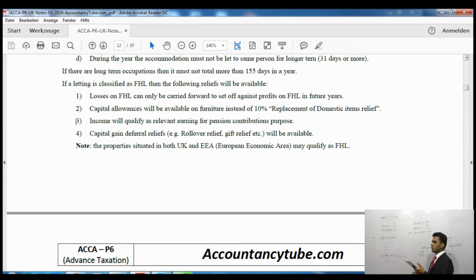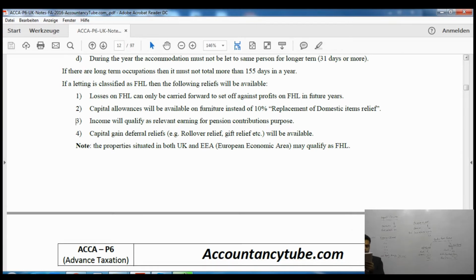All right. Now, if you want to go back to your previous chapter, you can check that relevant earnings for pension purposes included income from furnished holiday letting. I showed you that time as well. Now, this is one of the benefits of furnished holiday letting. Income will qualify as relevant earnings for pension contribution purposes.